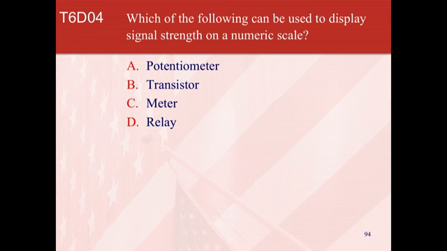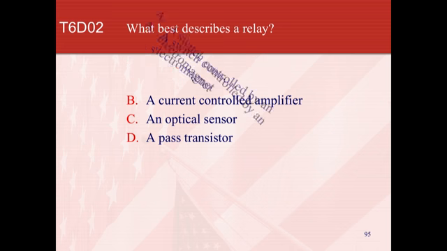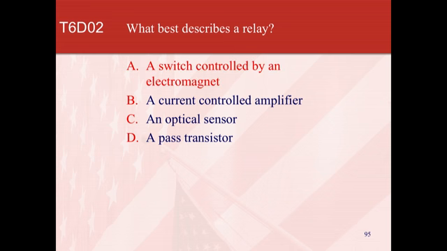Which of the following can be used to display signal strength on a numeric scale? That would be C, a meter. What best describes a relay? That's a switch controlled by an electromagnet.